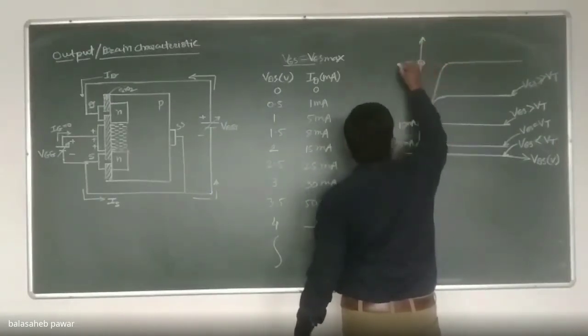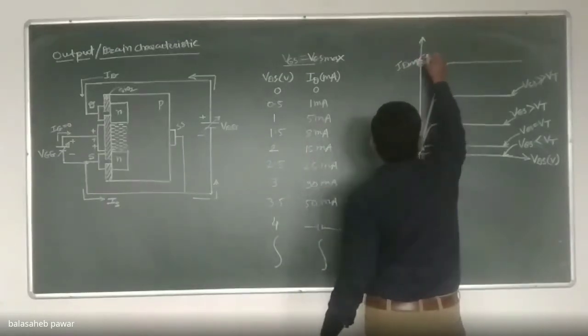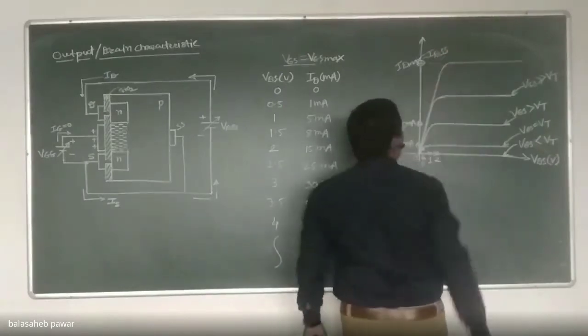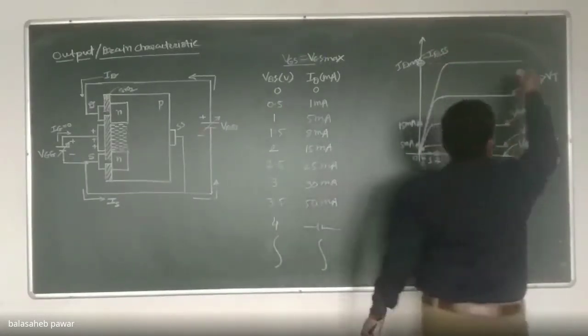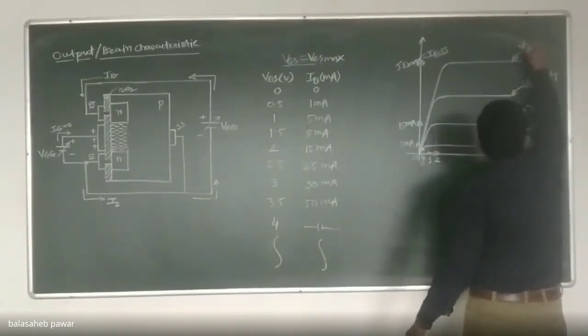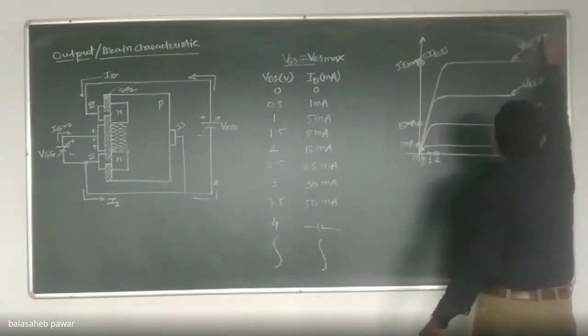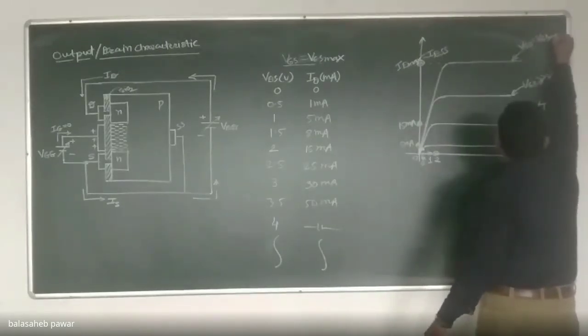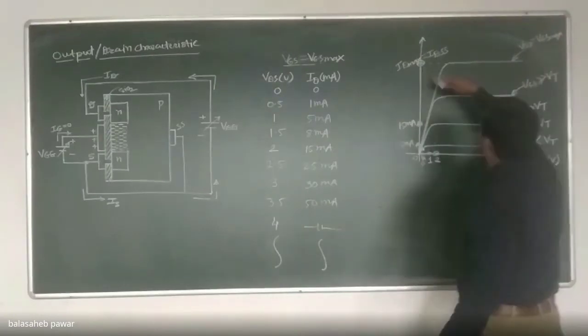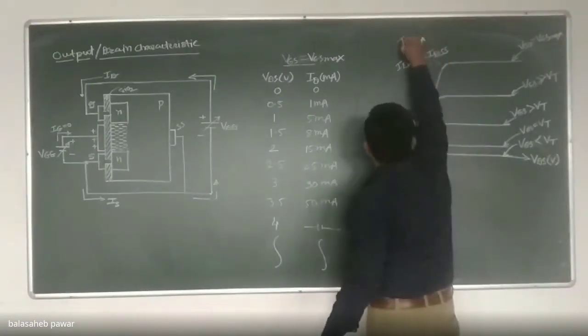Here, I can call this one as ID max. And what is ID max? Already we defined last time, and that was IDSS, drain to source saturated current. And for this last curve, I consider that VGS as VGS max. Beyond that, current will not be possible. Am I right?